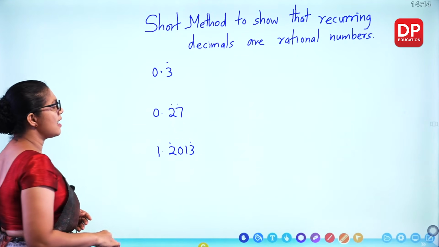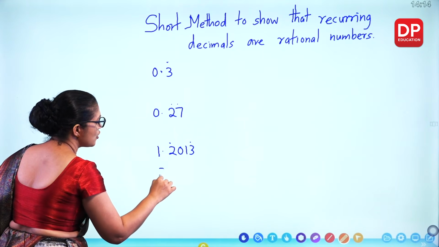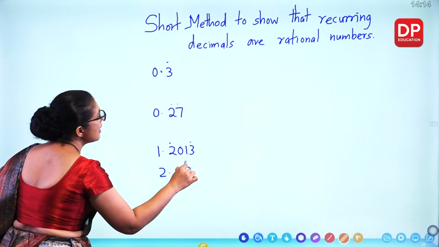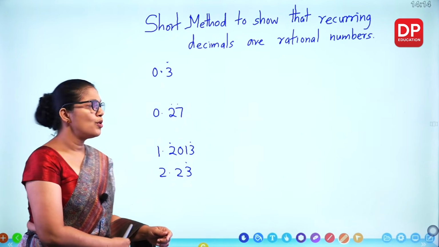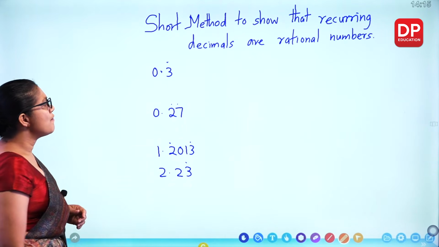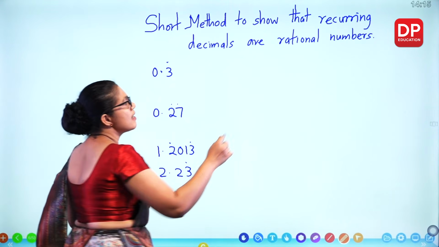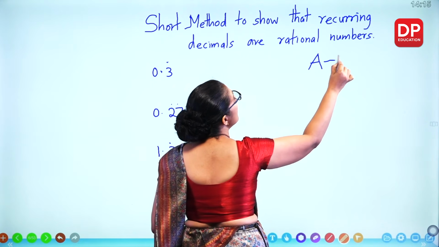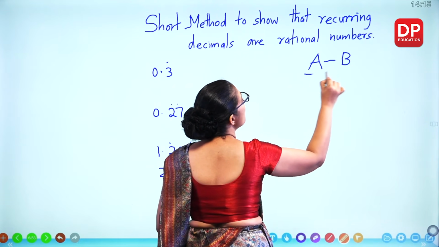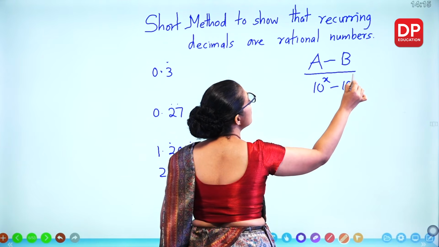All 4 digits are repeating. And I can write 2.231 repeating. So here what we do, we need to see whether we can write down this in this form. So here I'll write down a minus b over 10 to the power x minus 10 to the power y form.